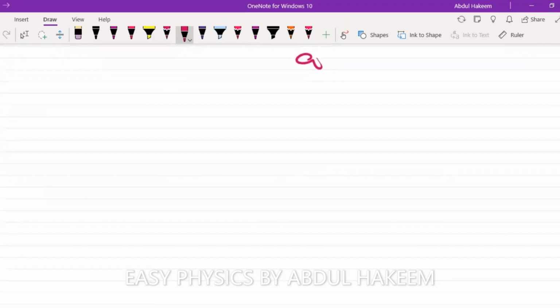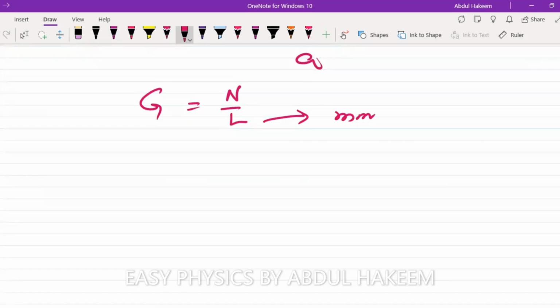Next is diffraction by the grating. Now, the number of engraved lines per unit length of the glass or the plastic sheet is called the grating, and that is the number per unit length, and this length is usually in millimeter.